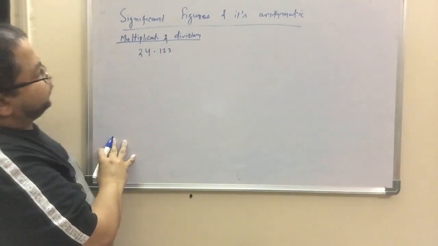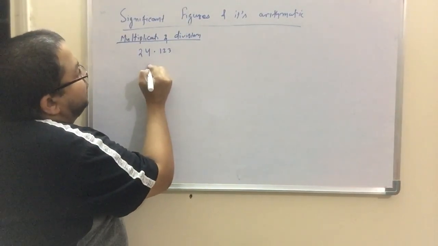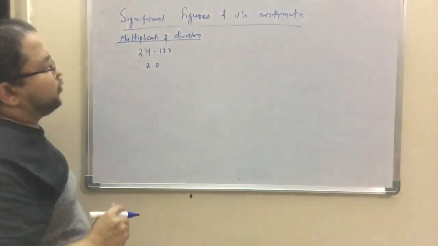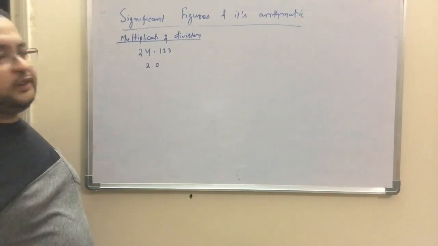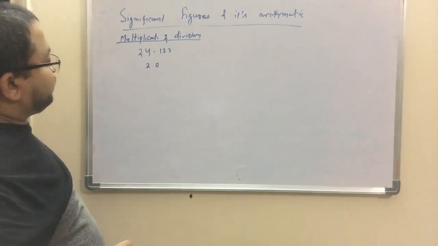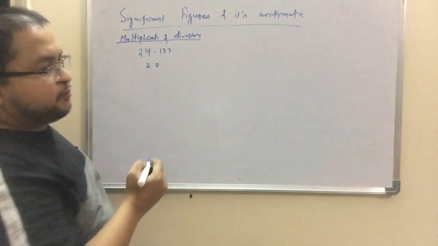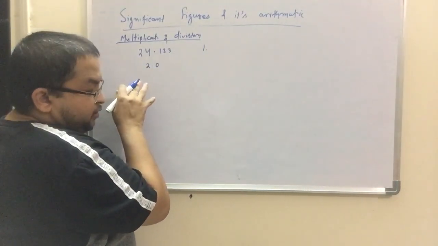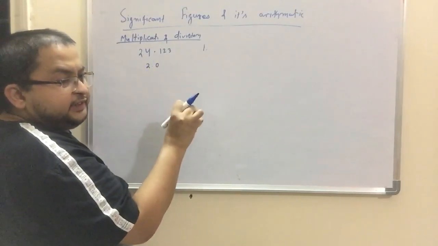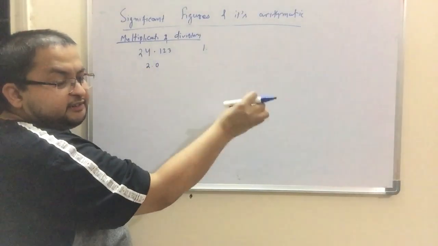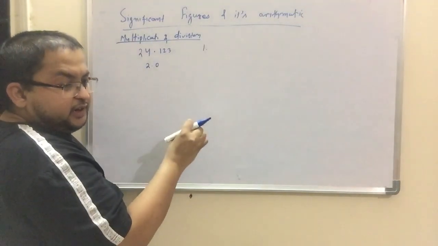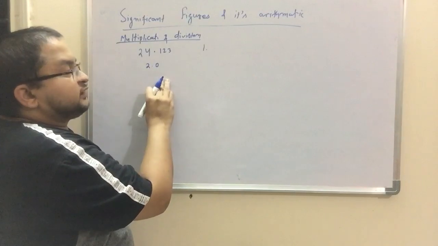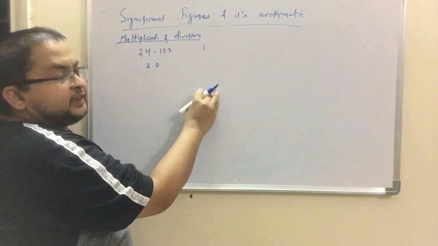24.1232 by, suppose, 2.0. We want to multiply these two numbers. So the standard rule that we have in multiplication is that the number of significant digits cannot be increased or decreased in the final calculation, and it should be equal to the number consisting of the least number of significant digits.